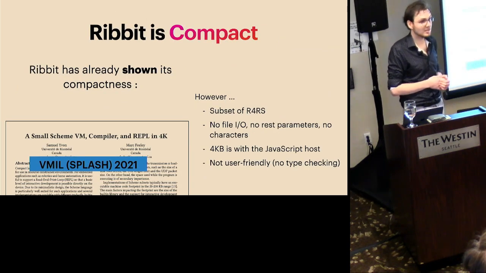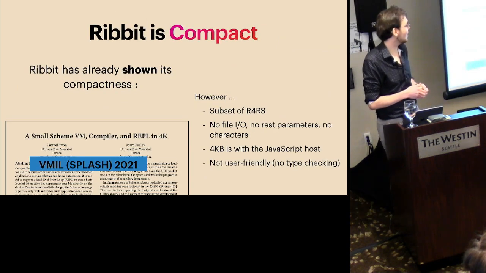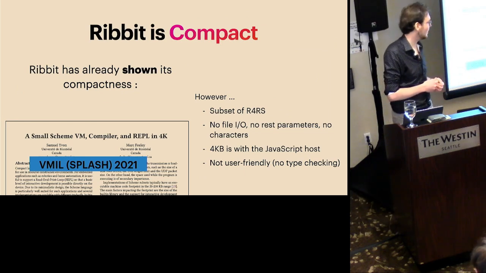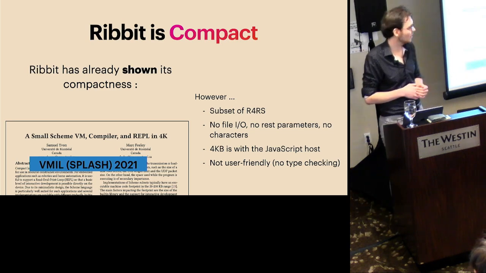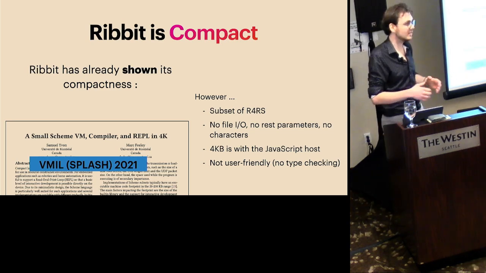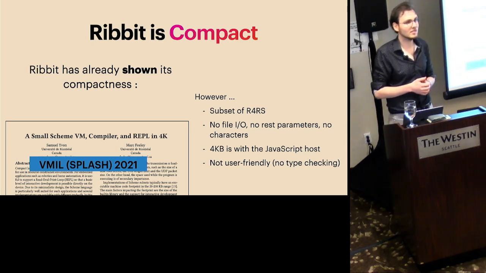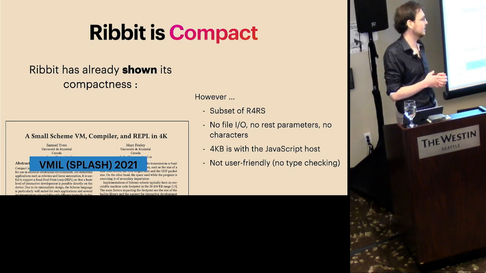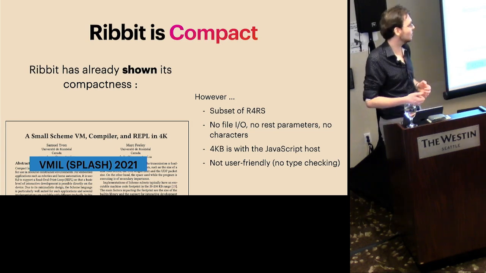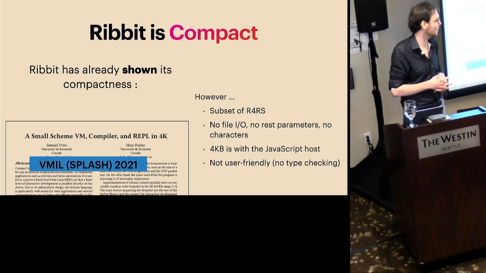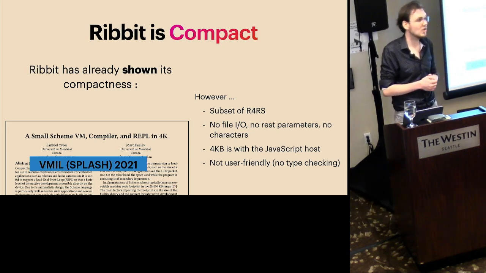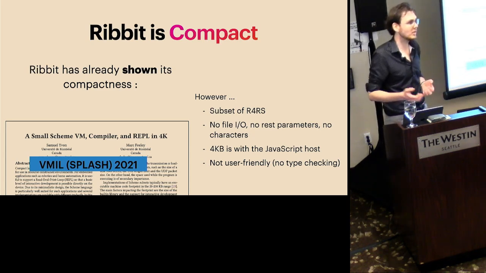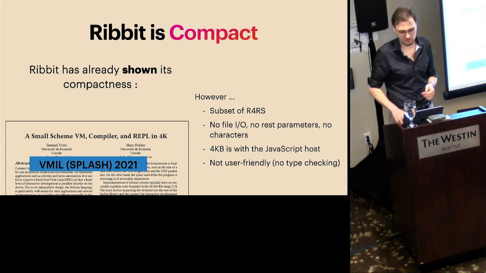Ribbit is compact. You may know about our previous work that was able to fit a VM, compiler and REPL in 4K. This, while impressive, is a bit far from R4RS. It didn't support file I/O. It was a subset of R4RS, and it was 4K in the JavaScript host with the min library, which has fewer features.